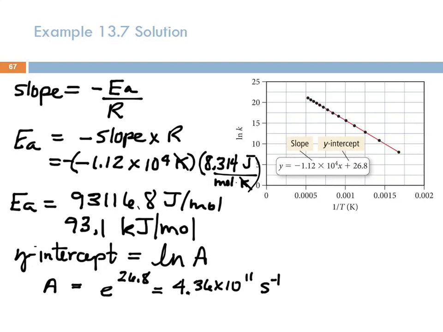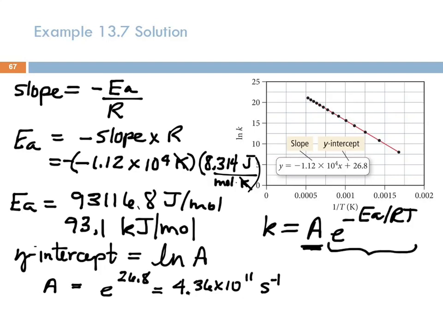We do need to look at the rate constant. We're doing this from the Arrhenius equation. The rate constant equals A e to the minus EA over RT. This is unitless, and so the frequency factor needs to have the same units as the rate constant.